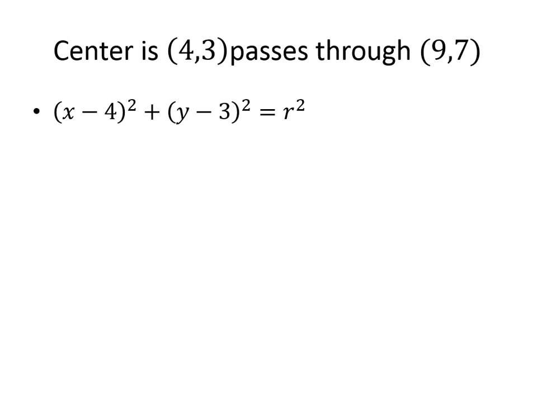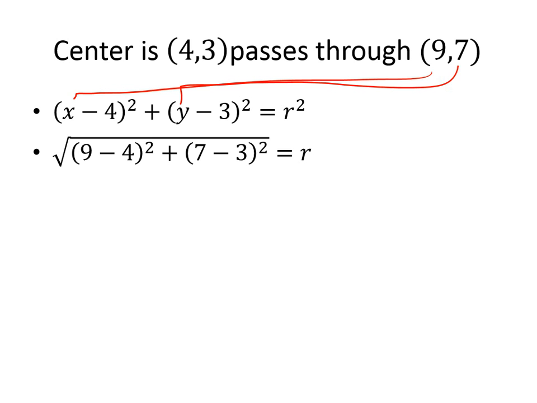There are really two ways that you could do this. One way is to plug in the x and y of the other point, 9 and 7, into here and here and find r squared. The other way is to go straight into the distance formula.